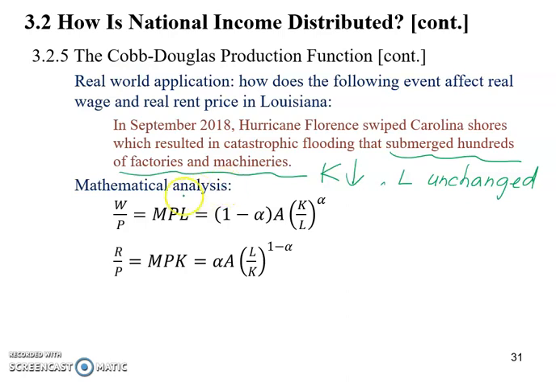Okay. And so here what we find is, because K is lower, the ratio K over L would be lower, right? And then the whole thing would be lower. So the real wage decreases. All right. And in the second case, because K is lower, L over K becomes larger, right?